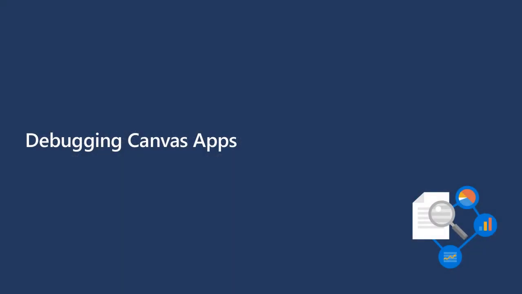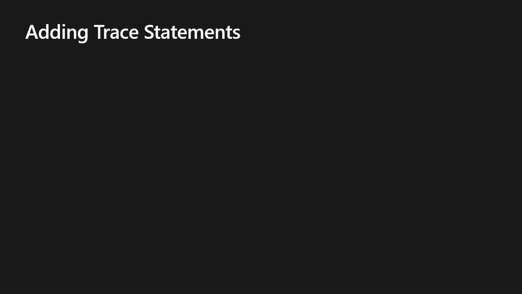Let's take a look at how we can debug Power Apps Canvas apps. So the first thing we can do once we've wired up Application Insights is to look at adding trace statements within our Canvas app. One thing we have the ability to do is to extend our trace statements to include custom dimensions.